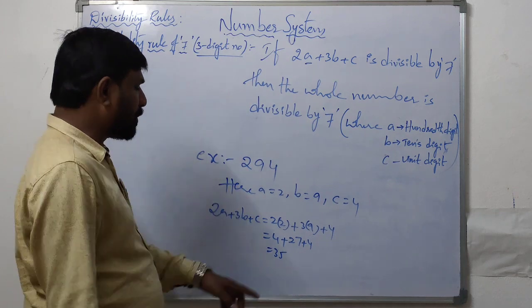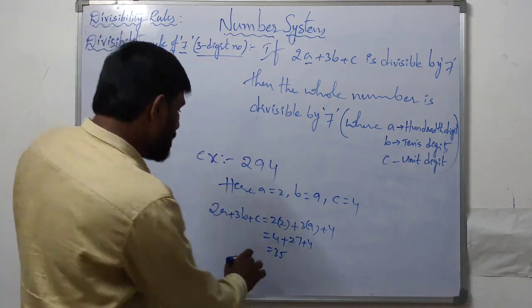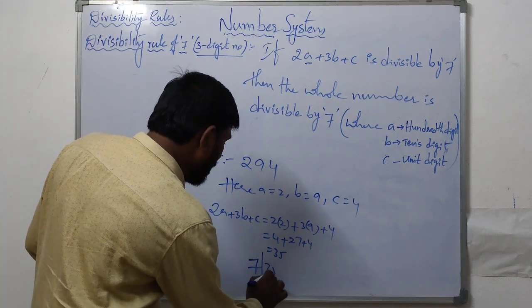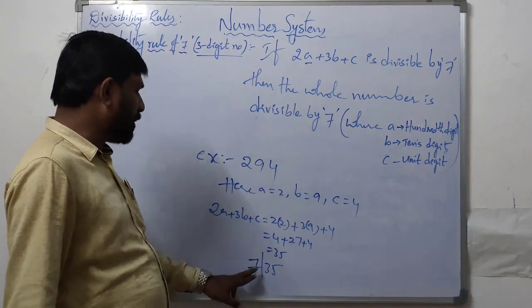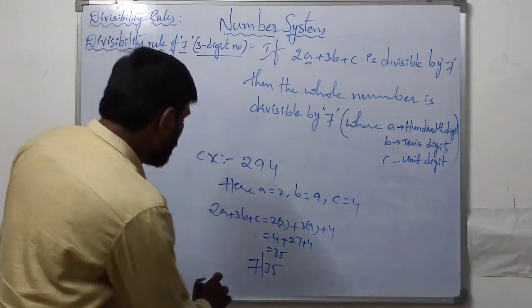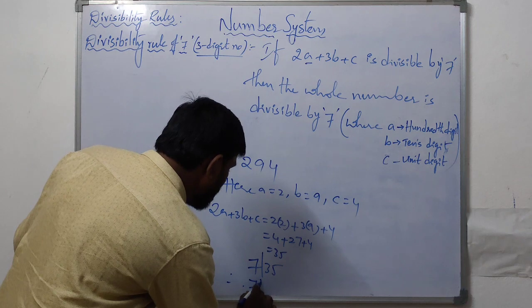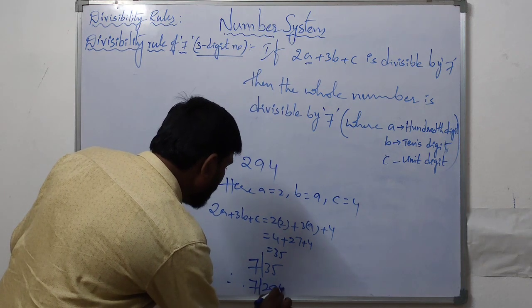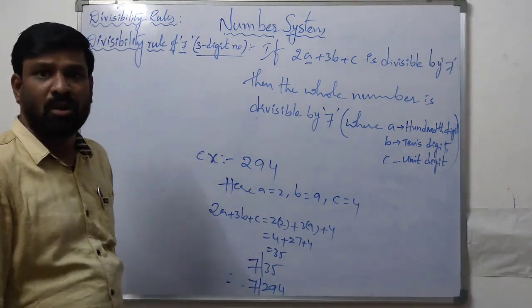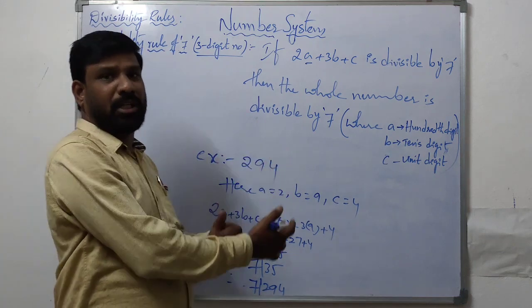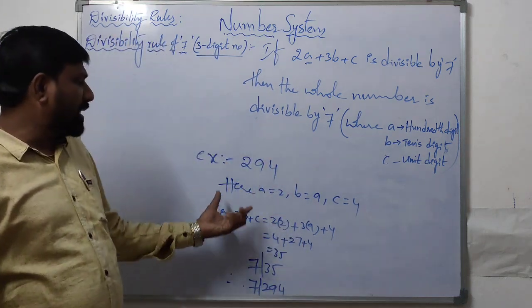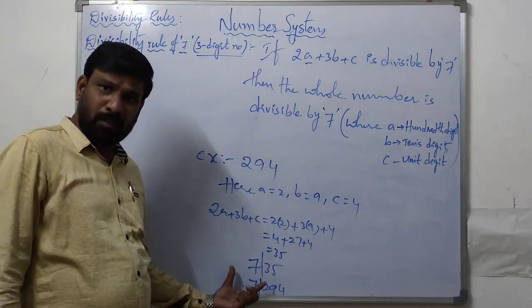Is 35 divisible by 7 or not? Yes. 7 divides 35. Once this sum is divisible by 7, then the whole number is divisible by 7. Therefore, 7 also divides 294. Clear? Like this you can take 343. In that case also you have to do the same procedure.